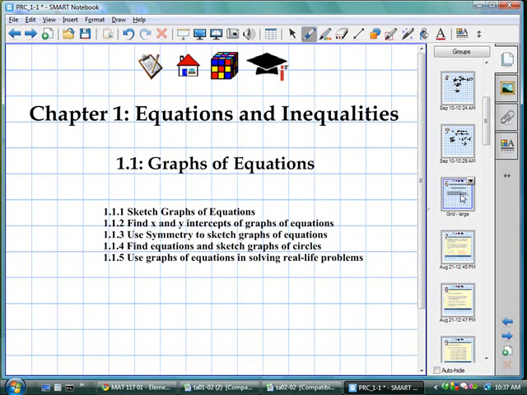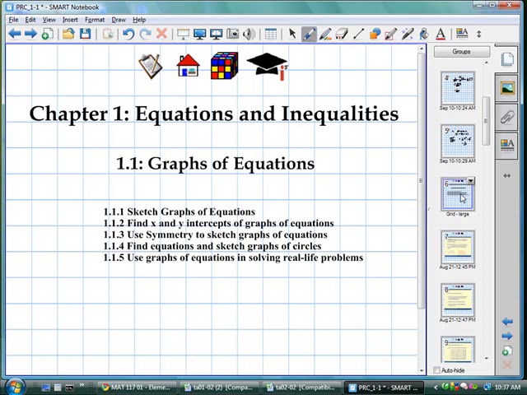The first chapter is about equations and inequalities. You know what I mean by inequalities? Less than, greater than, less than or equal to, stuff like that. The first lesson in chapter 1 is graphs of equations. So we're going to be doing graphs. The first objective, sketch graphs.